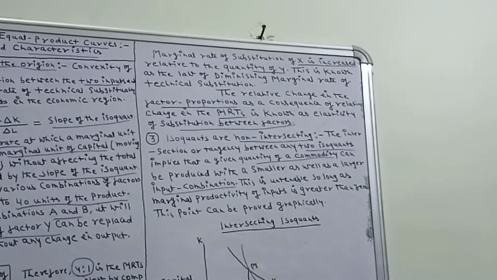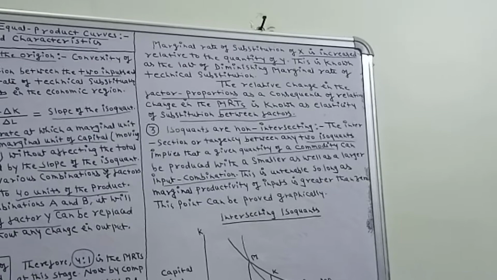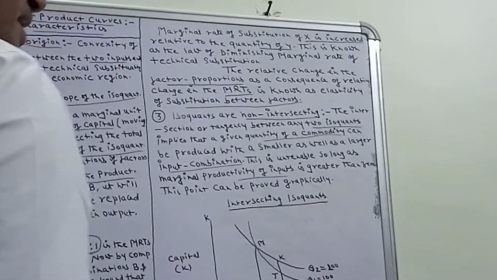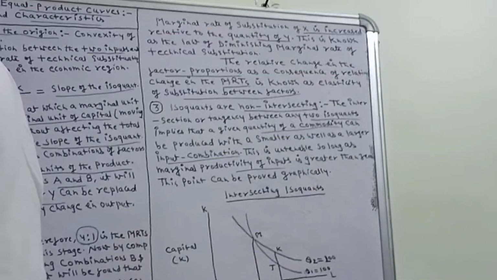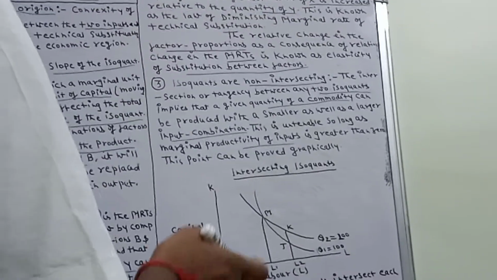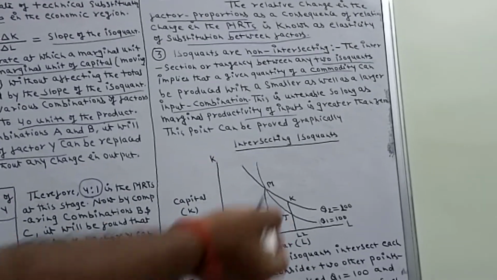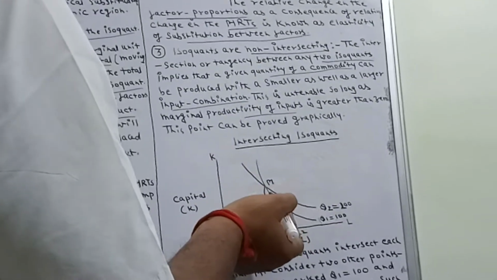This is unattainable so long as the marginal productivity of inputs is greater than 0, and this point can be proved graphically here.